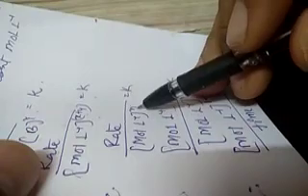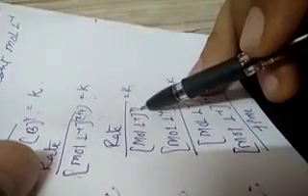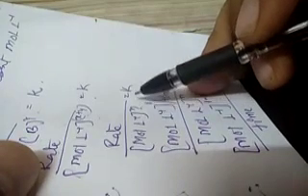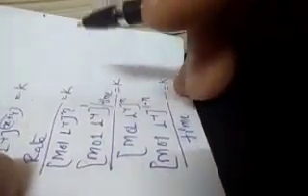Therefore we write rate divided by mole per liter to the power n, because x plus y is equal to n, and n is the order of the reaction.